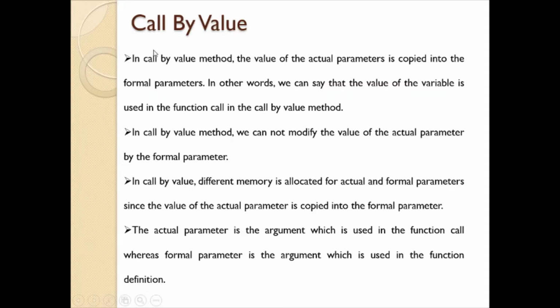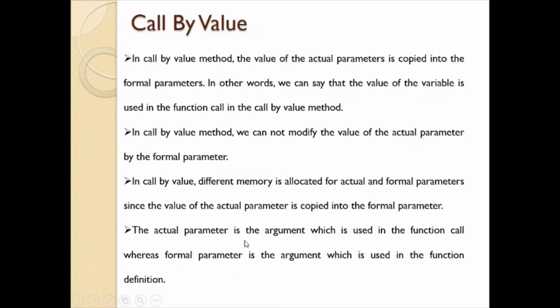Whenever you use this call by value technique for argument passing, separate memory will be allocated for actual and formal parameters. The actual parameter is the argument which is used in the function call, whereas formal parameter is the argument which is used in the function definition.